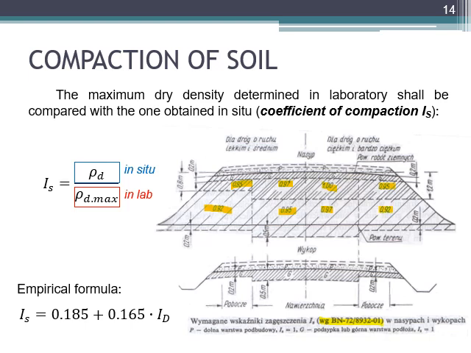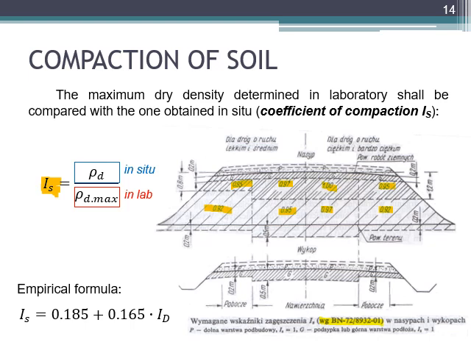But for some structures, for instance for highways, sometimes it is even required to have the IS value greater than 1, which would mean that it is required for the embankment layer to have the dry density in field, so in the embankment, higher than the maximum possible one that was obtained in the lab.